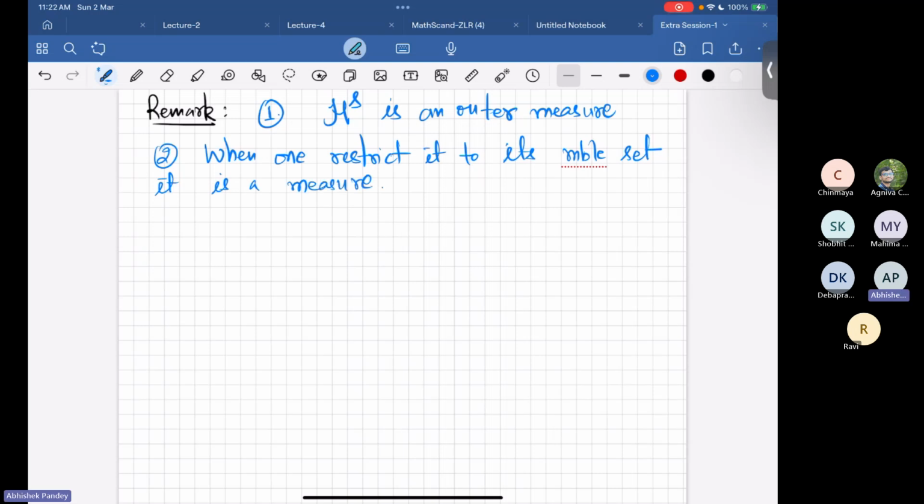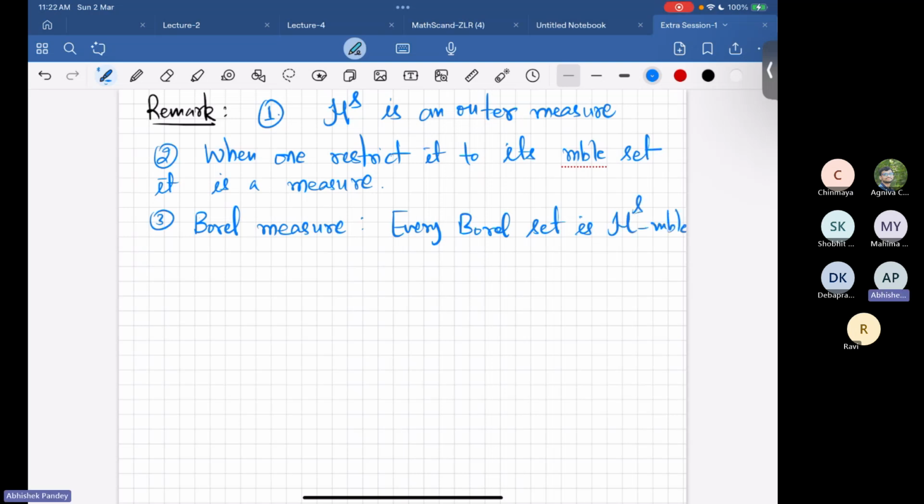But is it a useful measure? Yes, because it is Borel measurable. It means that every Borel set is H^s measurable.